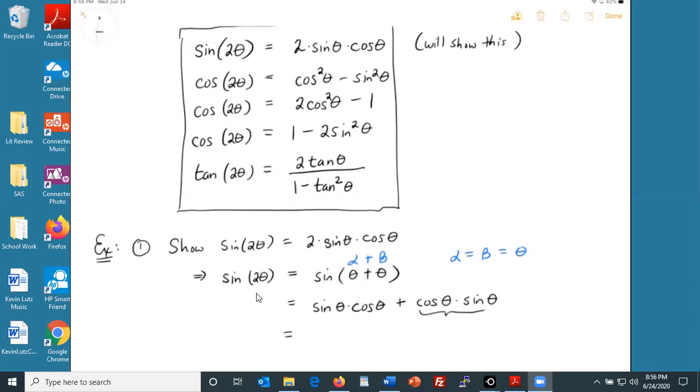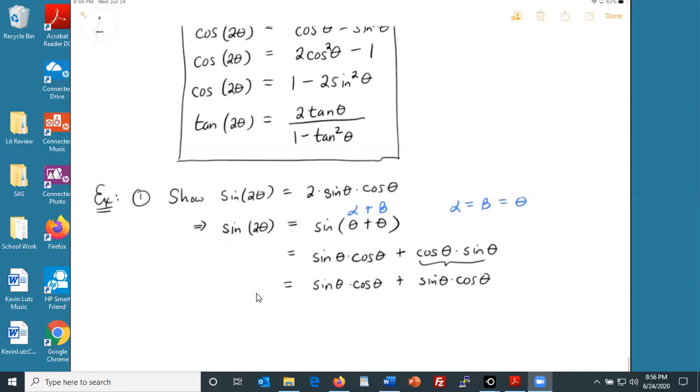What you just have to do is interchange the terms of the second part. Now that they're identically like terms, you simply add them together. We have one of each, so altogether it's 2 times sine of theta times cosine of theta. What we wish to show.